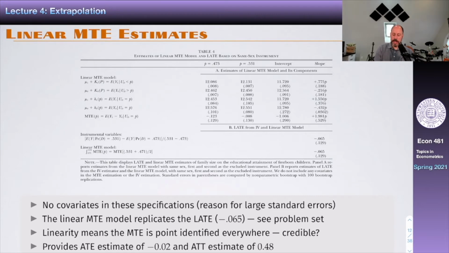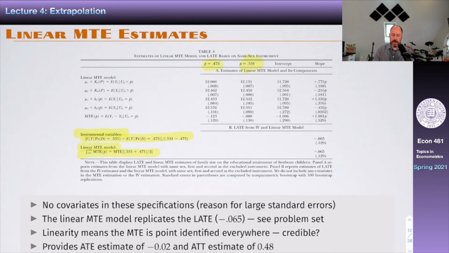One thing that is discussed in the paper, which I'm not going to devote a lot of time to, is that when you assume a linear marginal treatment effect, you can estimate the LATE using the formulas that we learned, by integrating the marginal treatment effect over the relevant range. Notice that these are the values of the propensity score that we have over here.